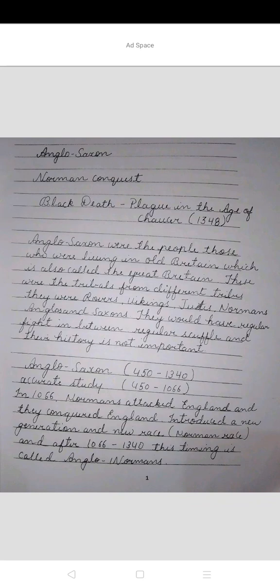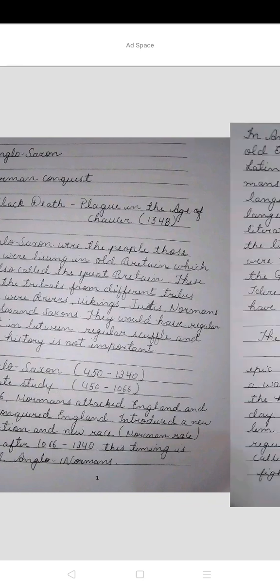In 1066 BC, Normans attacked England and conquered it, and introduced a new generation and a new race, that is the Norman race. After 1066 to 1340, this time is called Anglo-Norman time.